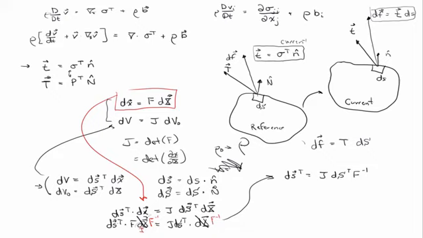So that term just becomes ds transpose. And then I just want to get rid of the transpose, so I'm going to take the transpose of both sides of the equation. So I have ds is equal to J F minus transpose, so inverse transpose, dS.